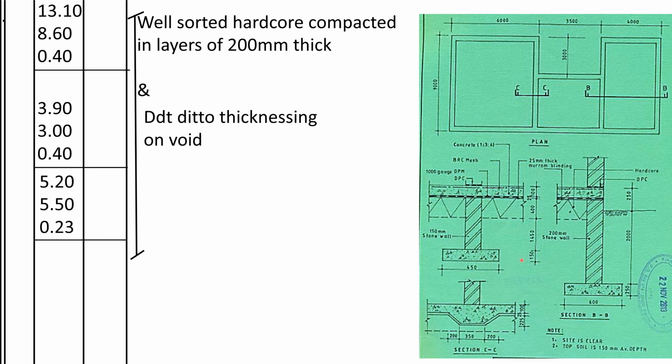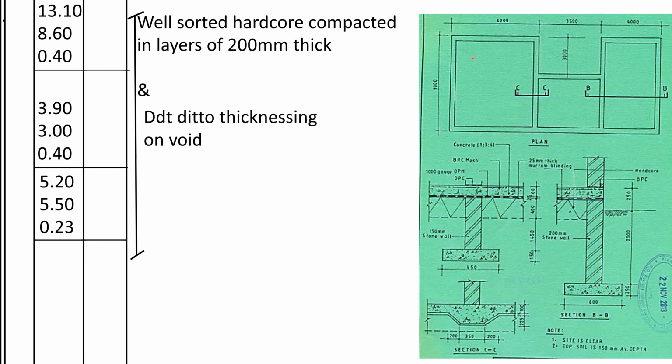So when we are finding the area for the hardcore, we shall take the internal dimensions. For the length, we said that the external is 6,000 plus 3,500 plus 4,000. So the total is 13,500. We deduct 400 for this wall and this wall, so it shall be 13.10.